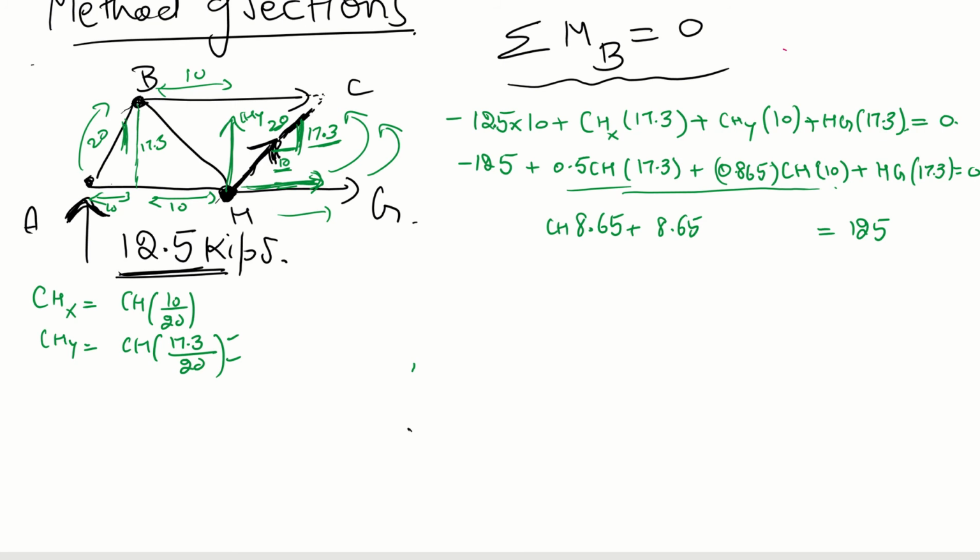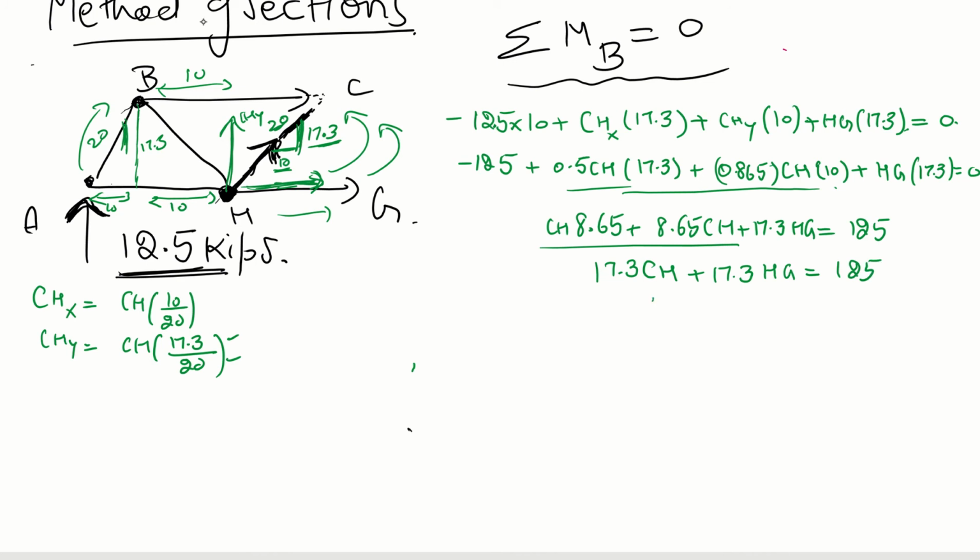This is CH plus 17.3 HG, and then I add these two values. This is going to give me 17.3 CH plus 17.3 HG equal to 125. This is a really beautiful equation.